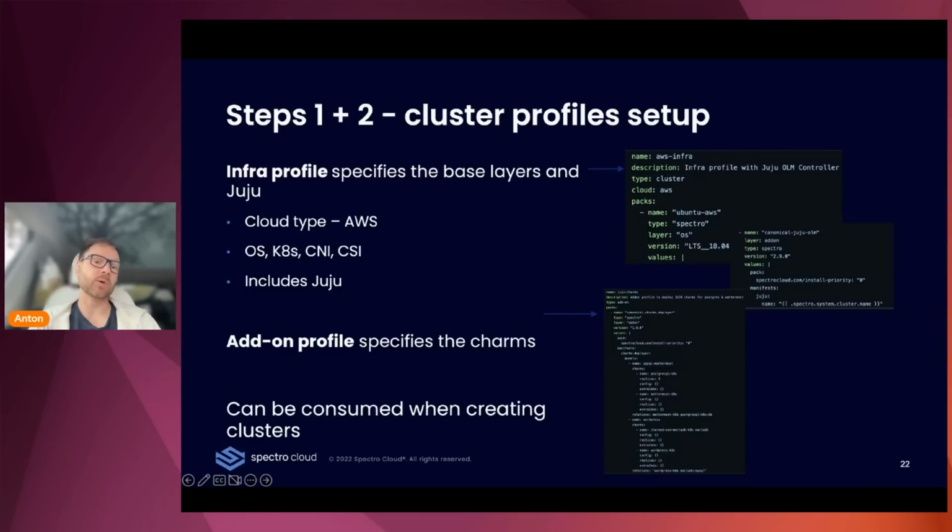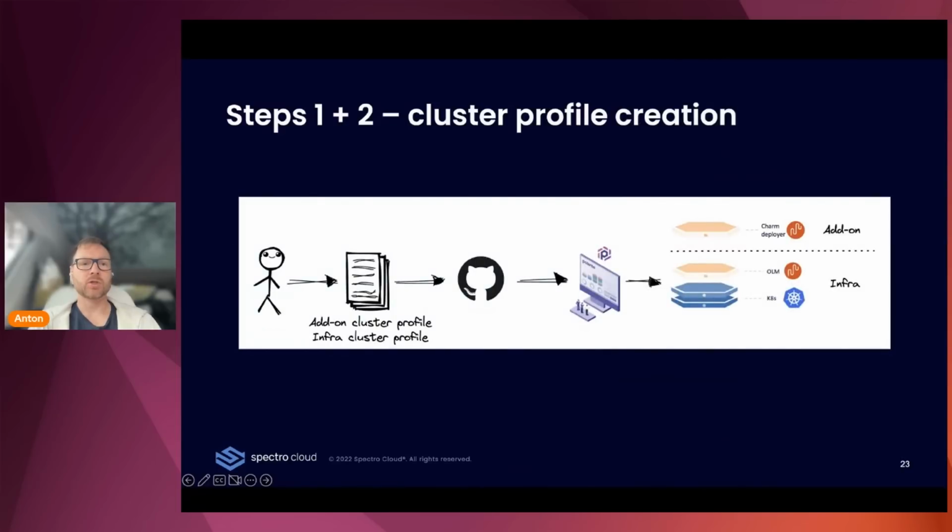Now, you might notice that we also allow you to specify things like Juju relations. And we use this to specify a relation here between a database and an application like Mattermost. So to reiterate, we're creating with YAML code these add-on cluster profiles, and we're committing them into GitHub, which triggers some actions, which calls Palette using Terraform.